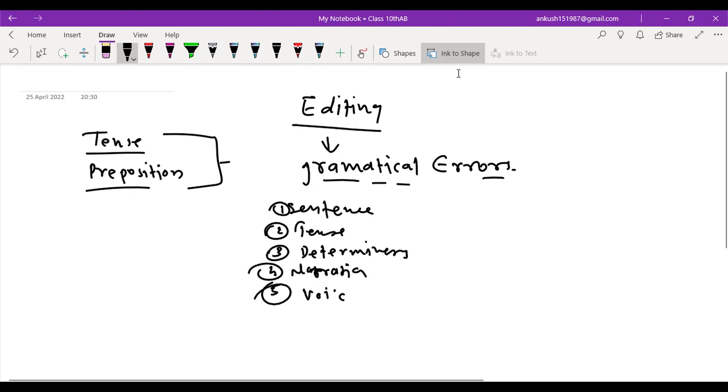Even though voice is eliminated, they may still ask the question because it is part of editing, not a particular portion of voice. But if it is asked, you have to go for that. Have you got it? Yes, sir.